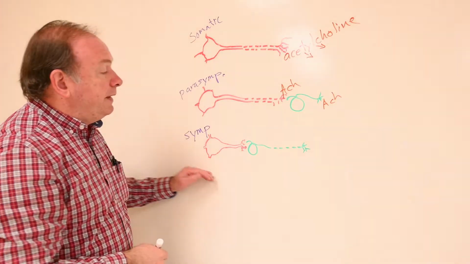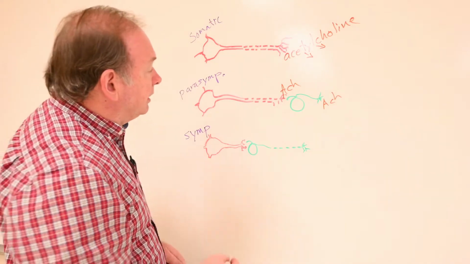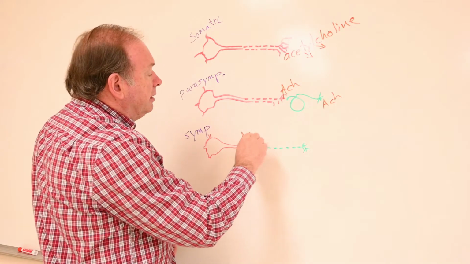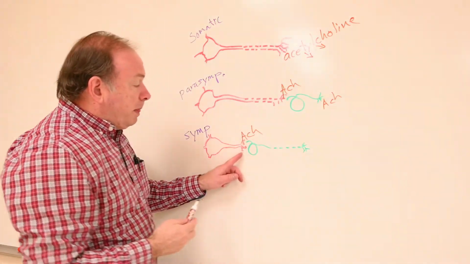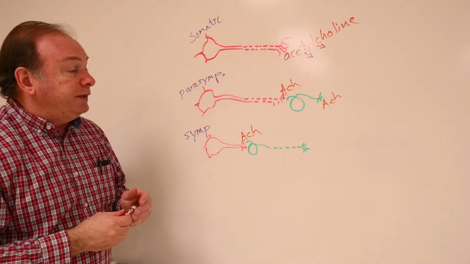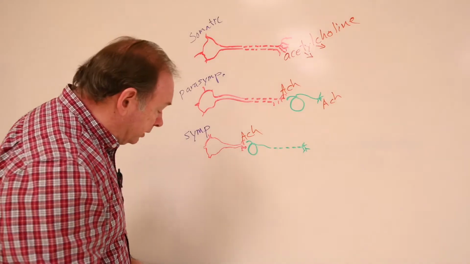Now, sympathetic stimulation. In sympathetic stimulation, we see something a little bit different. Still have acetylcholine here, released from the preganglionic fiber to the ganglion cell, but this type of ganglion cell typically does not release acetylcholine.